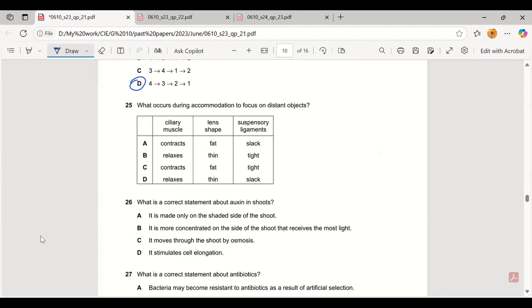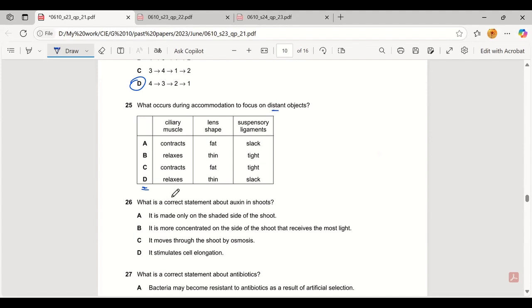What occurs during accommodation to focus on distant objects, Michelle? C. Take care. They are looking at distant objects. So the eye lens must be thinner and longer, not fat. So then D. D. No. D. This one?